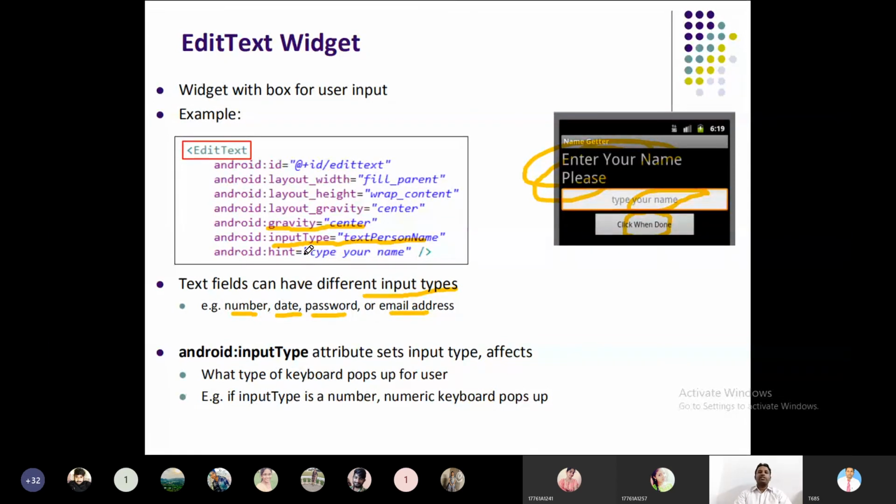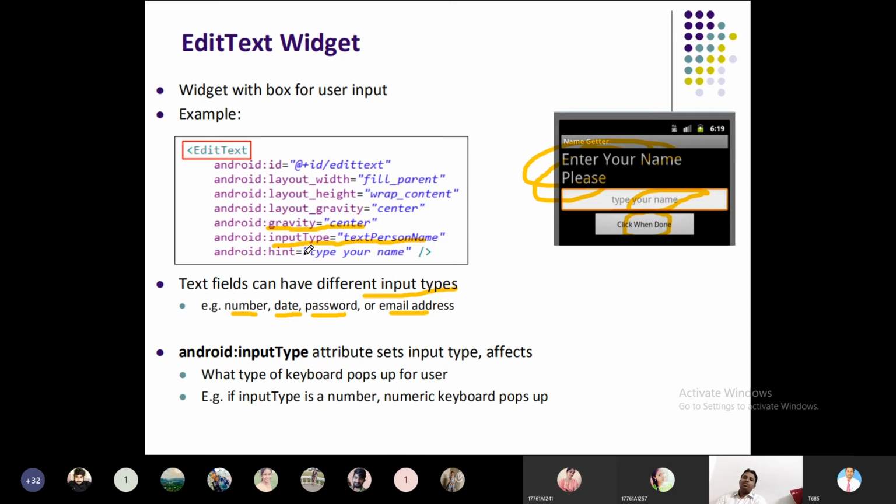That is a hint. When you look at the input type, setting the input type affects what type of keyboard pops up for the user. If you give number, a number-type keyboard appears.